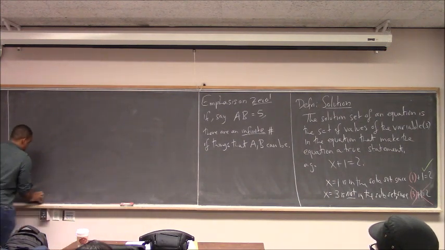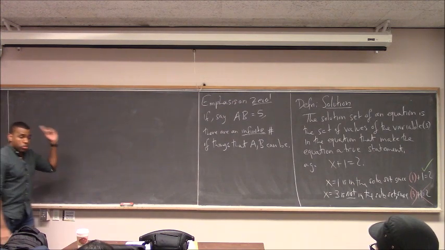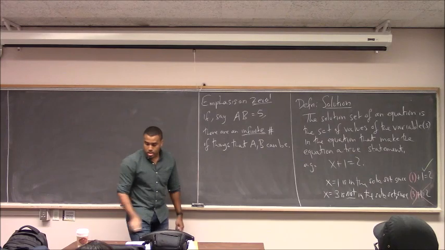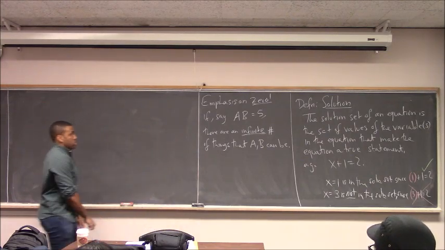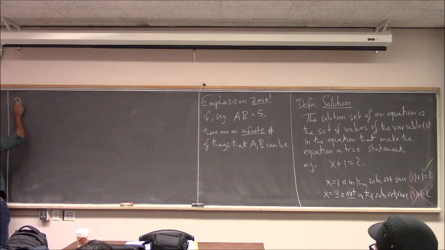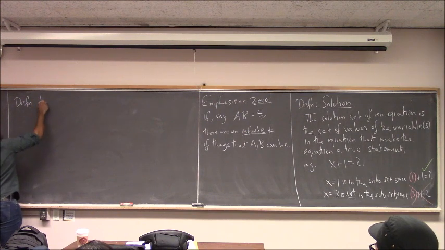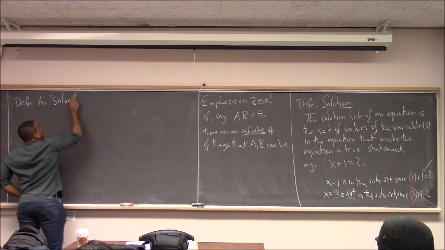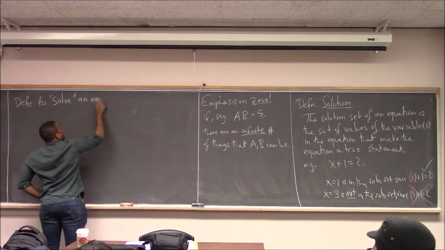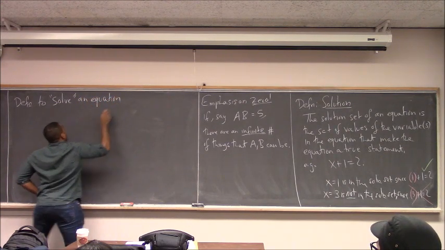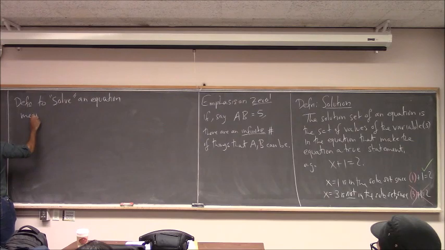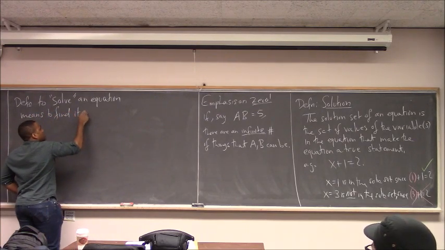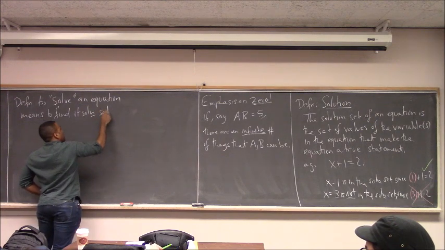And oftentimes, these 4 properties that I just wrote on the board are what's going to help us figure out those values. To solve an equation needs to find its solution set.